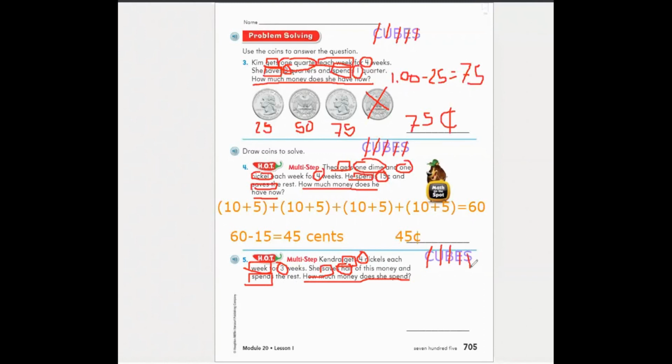Okay. So it's the same case. I'm going to write the equation because it's hard to do the pictures here. Kendra gets 4 nickels each week for 3 weeks. So in week 1, she gets 5 plus 5 plus 5 plus 5. Week 2, 5 plus 5 plus 5 plus 5.